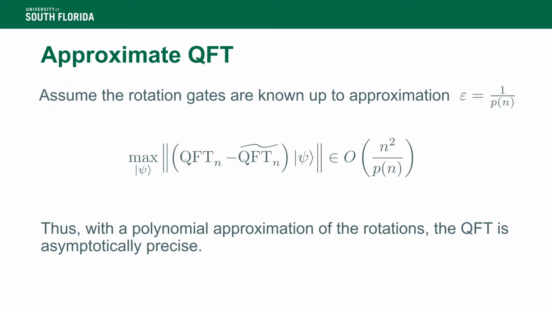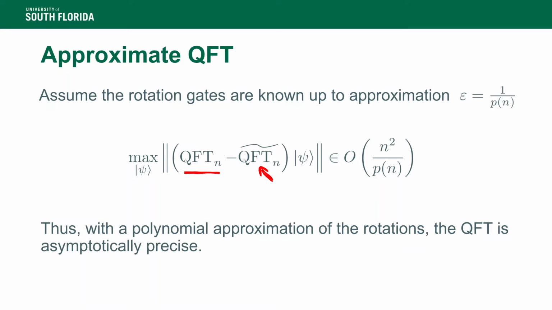So what does this mean? This means that in theory, you also have to worry about the fact that, if this is your exact QFT, the exact Fourier transform, the one that we've used to analyze the algorithm, then what we really have is an approximate QFT, which is at a certain distance from the ideal QFT.